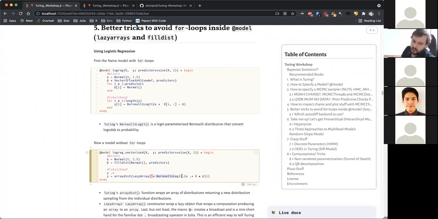It's a lazy evaluation of this distribution, and you enclose everything in an array dist method or function.